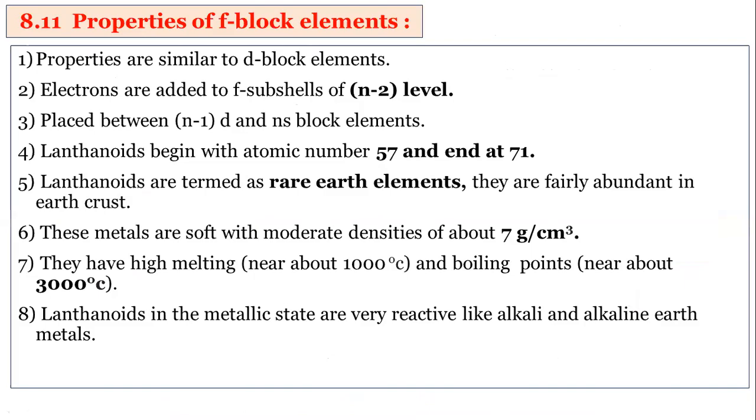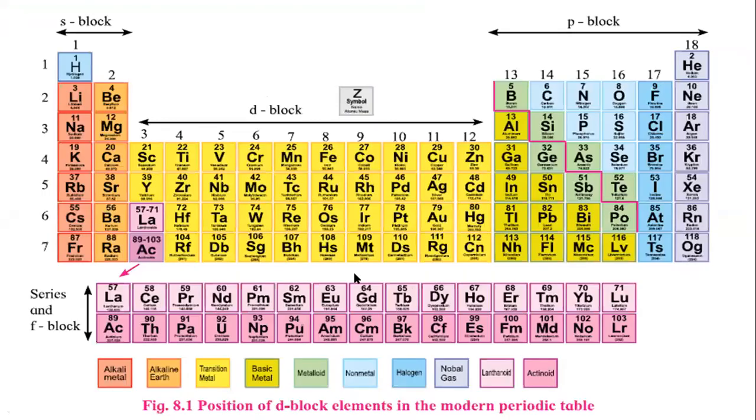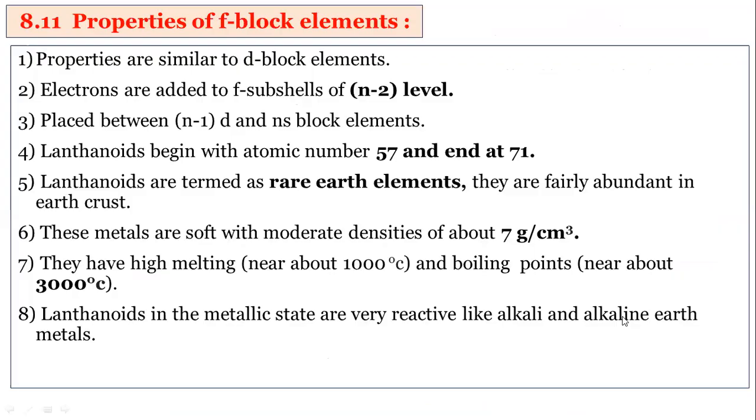So the lanthanides start with 57 and end with 71. The actinides start with atomic number 89 and end with lawrencium, whose atomic number is 103.